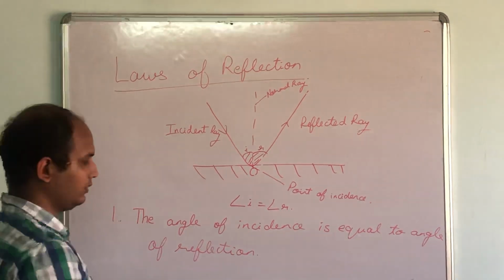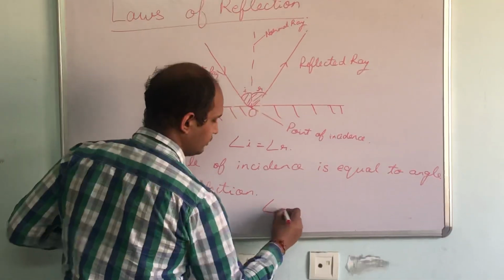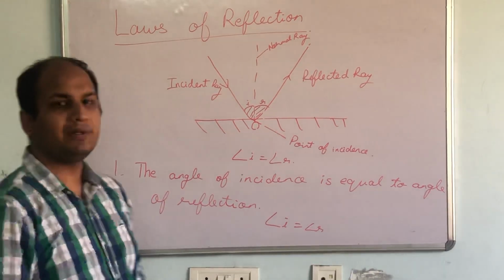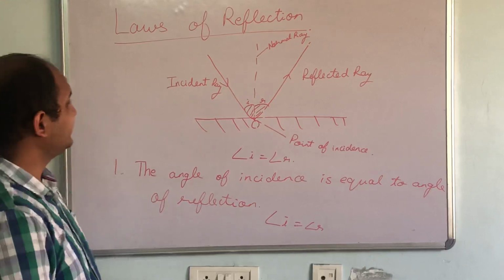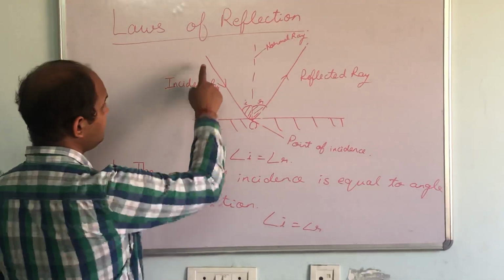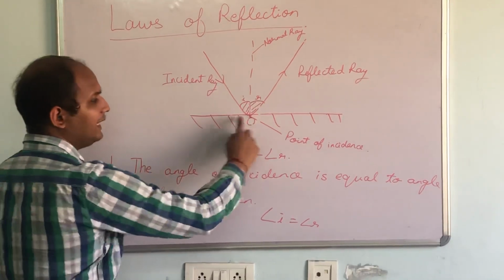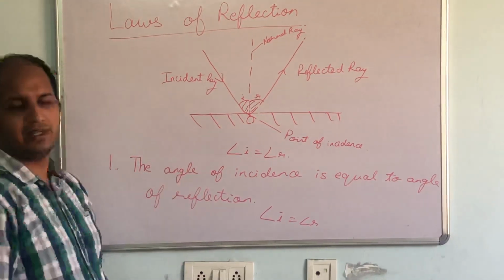Right? Okay. And you have to write this also, angle I is equal to angle R, with the help of this diagram. Now what will be the second law? The second law is: the incident ray, the reflected ray and the normal all lie on the same plane at the point of incidence.